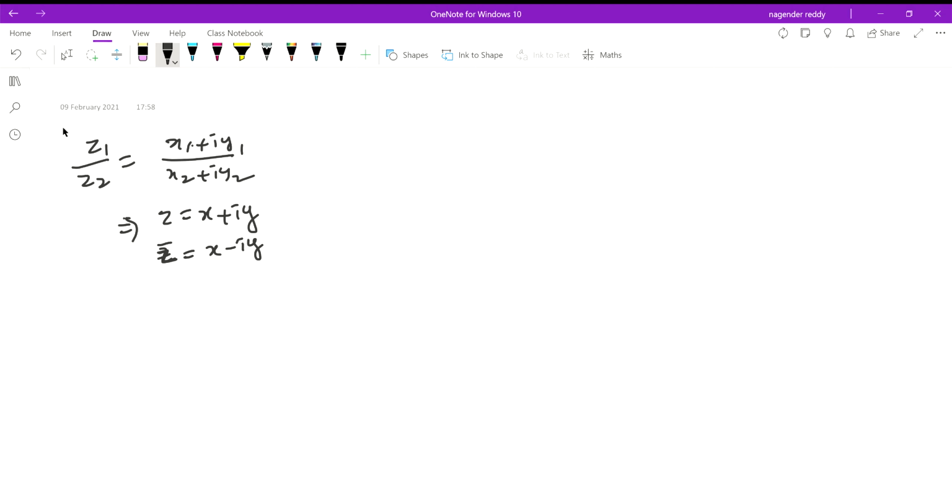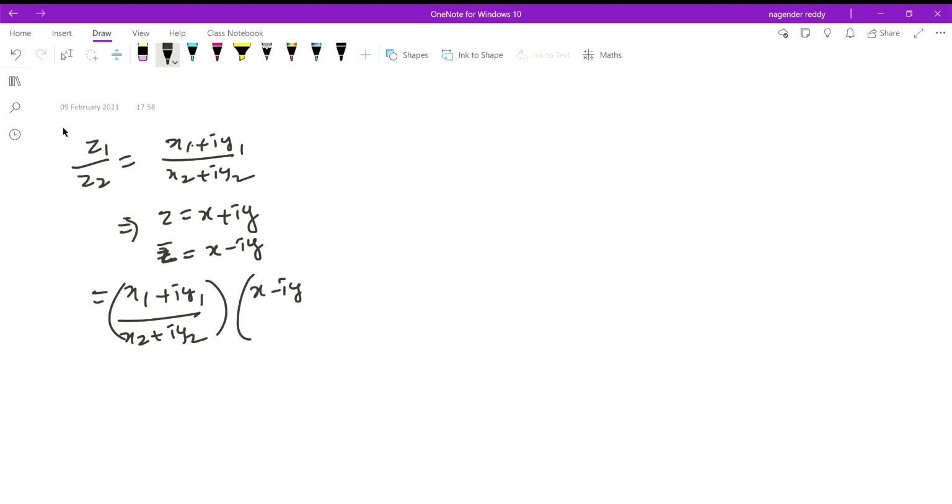So we already applied this rationalization concept for surds, like 2 plus root 3 by 2 minus root 3, then we can easily go for rationalization of that. Here also, same thing. Now what is the rationalization part? x1 plus i y1 by x2 plus i y2, and the rationalization part you can take is x minus i y.